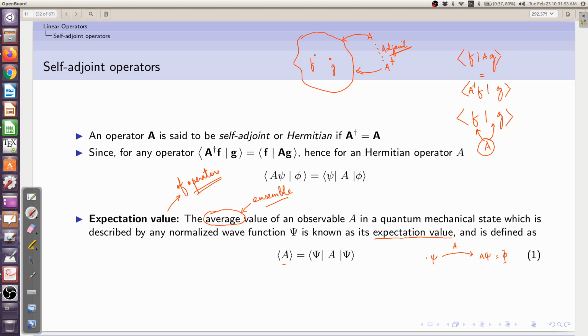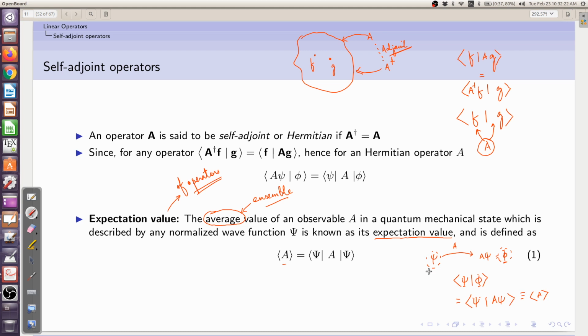Then I take the scalar product of psi and phi, and phi is nothing but A psi. So it is the scalar product of psi and A psi.